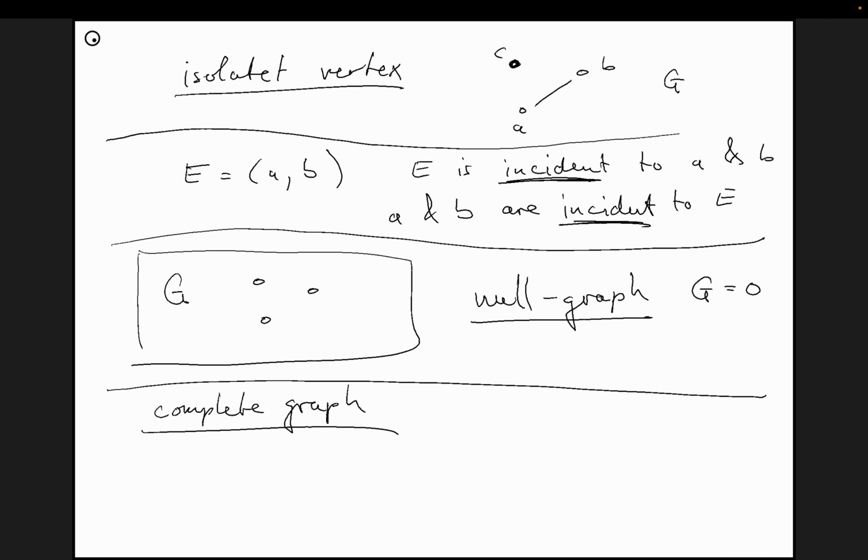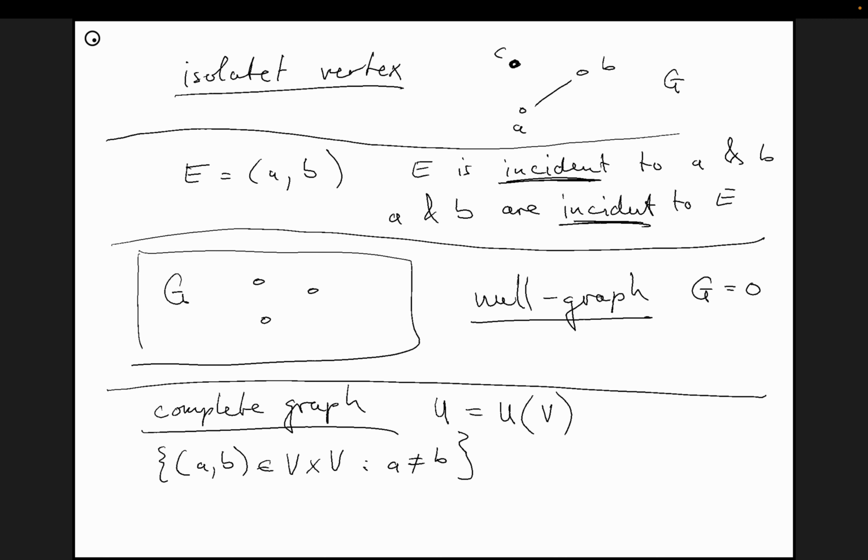We denote it as K_V, and this is a graph whose edges are all pairs of possible associations for two different vertices. So the set of edges is as follows: (a, b) in our product set V × V, such that a is not equal to b.